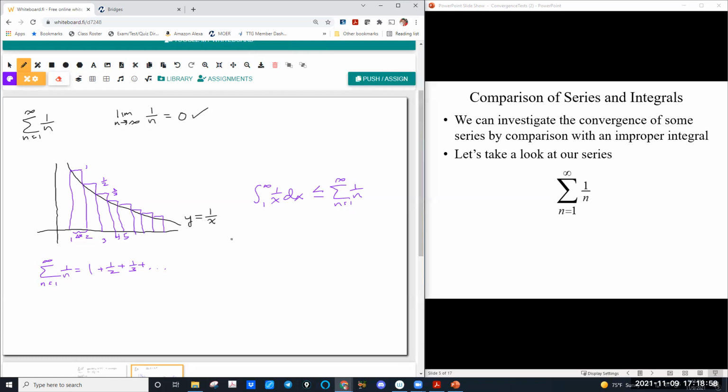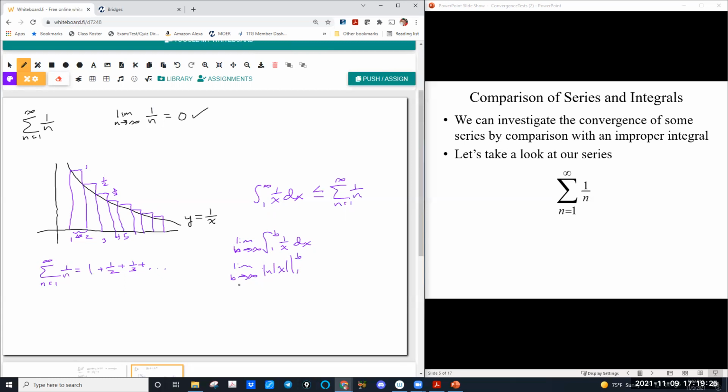And just as a reminder, what we do is we take the limit as b goes to infinity of the now proper integral from 1 to b of 1 over x dx. And then we do our antiderivative. So limit as b goes to infinity of ln of the absolute value of x from 1 to b.